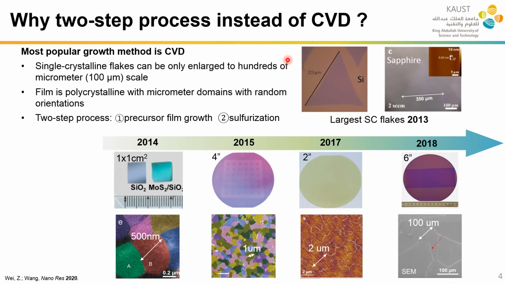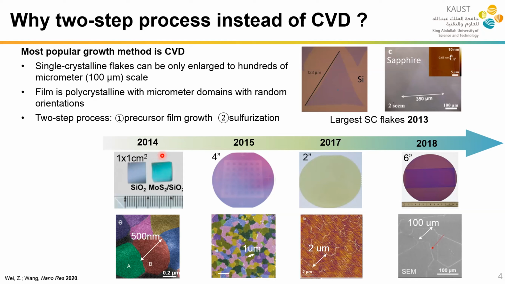Currently, most growth methods are based on the CVD process. CVD can grow a single flake that can reach more than 100 microns, or even sub-millimeter size, but that's also not big enough. Still, some groups focus on wafer scale growth.